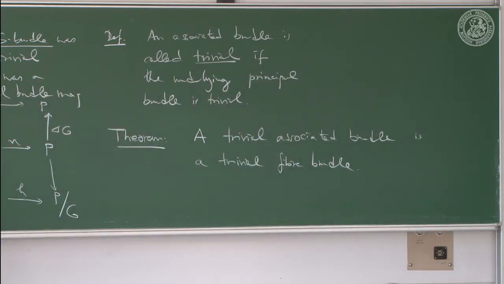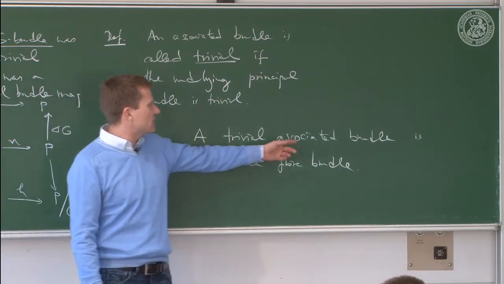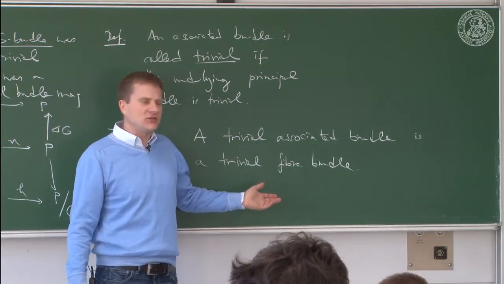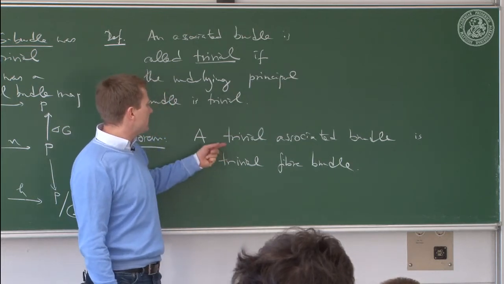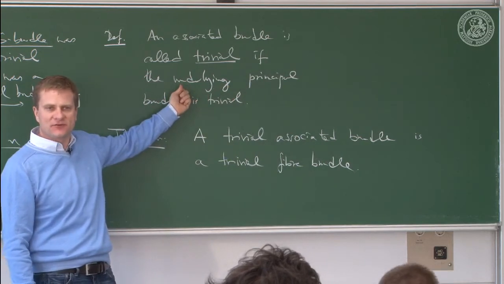Okay. Now that sounds funny because an associated bundle is a fiber bundle, is a particular instance of a fiber bundle. So if you read this, a trivial associated bundle is a trivial fiber bundle, it seems almost like a tautology. Well, it isn't, because if we say trivial associated bundle, we mean the underlying principal bundle is trivial.